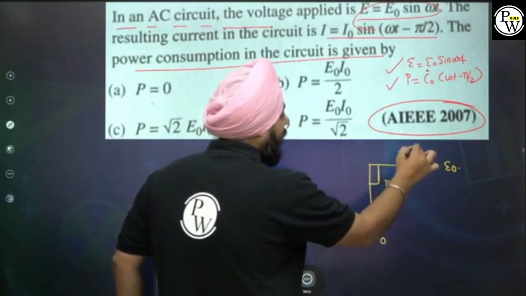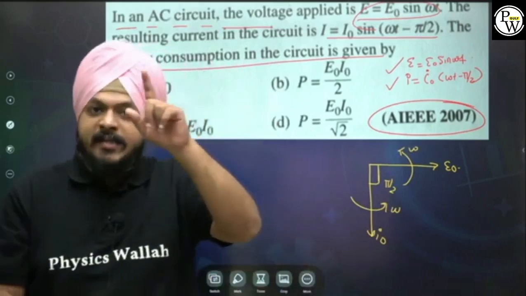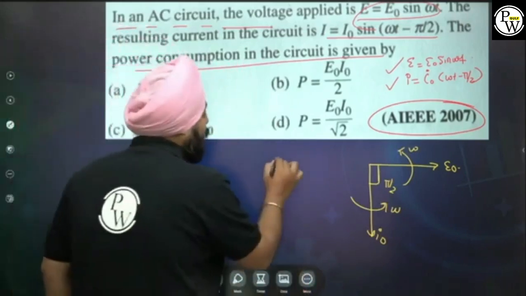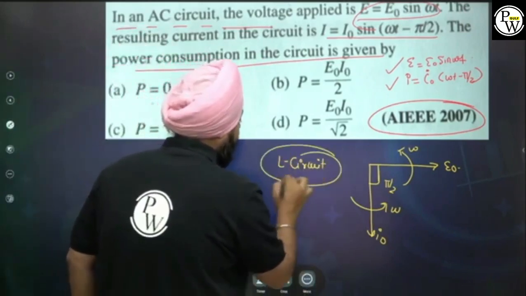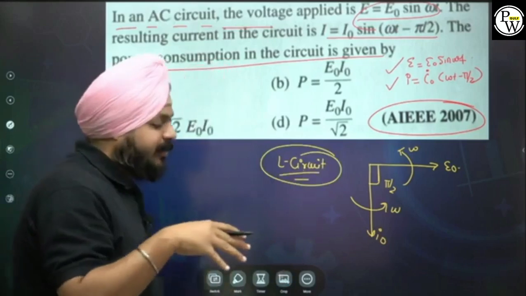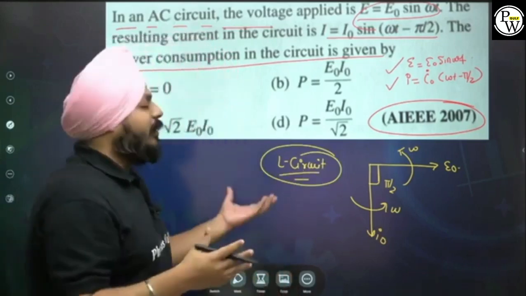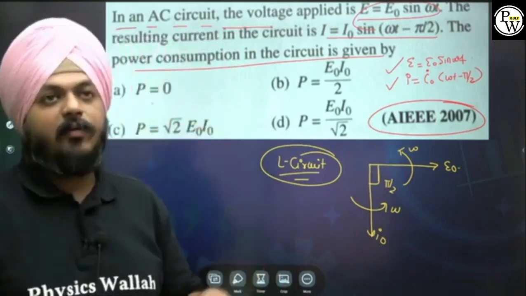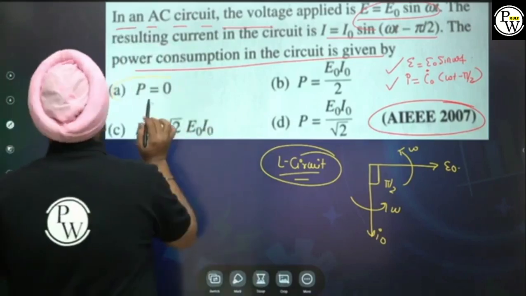They both rotate with angular velocity omega, but here the voltage leads the current by pi by 2, and this happens in an L circuit. I'm not saying it only happens in the L circuit, but this is the example we have in front of us to understand the concept. So in that case, power is 0.